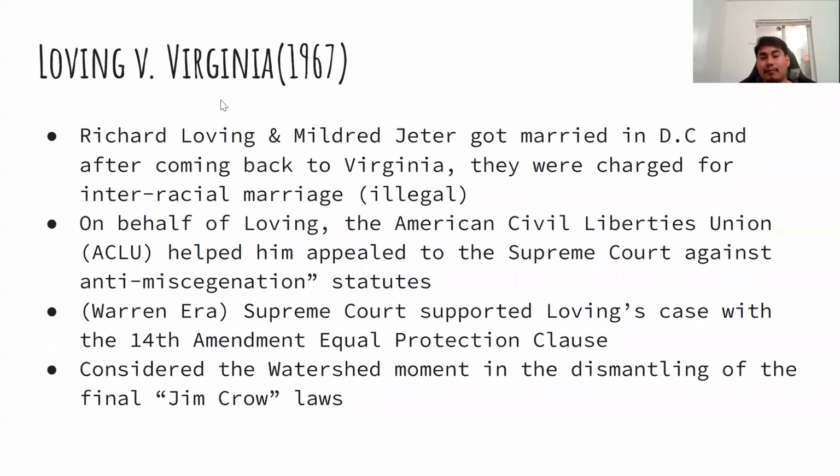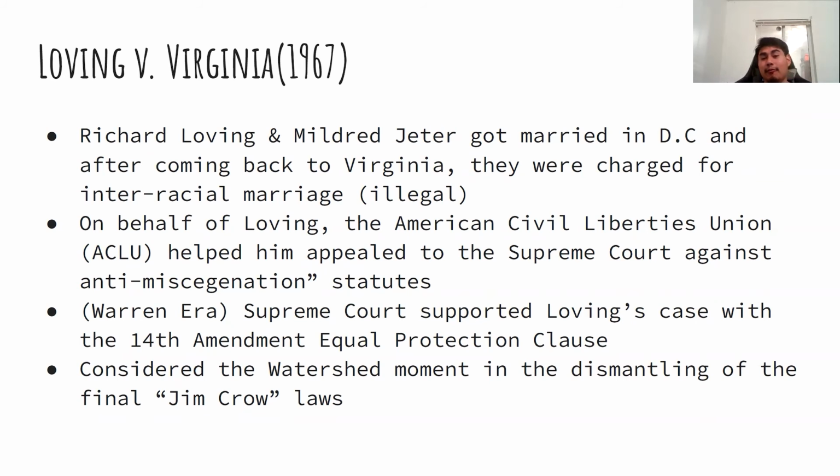So another very important case was Loving v. Virginia in 1964. In this court case, Richard Loving and Mildred Jeter got married in DC, and after coming back to Virginia, they were charged for interracial marriage, which was illegal in that state.